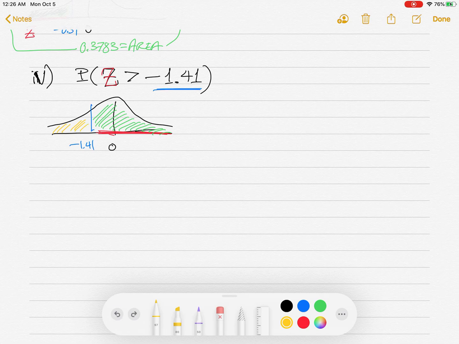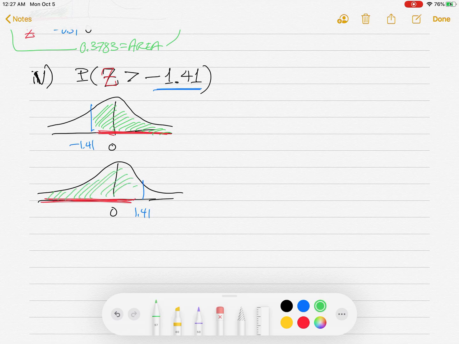Of course, if you look up negative 1.41 in your z-score table, you get the area to the left. You don't want that area to the left; you want the area to the right. So what we can do is flip this around. We can take negative 1.41 and flip it over to positive 1.41, and look at the left tail rather than the right tail.